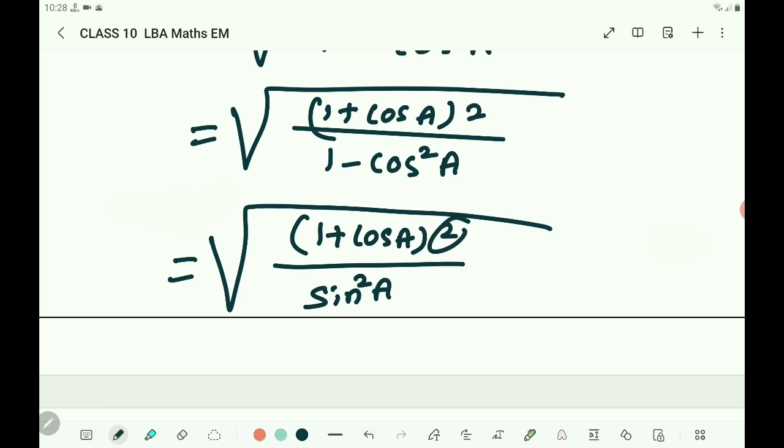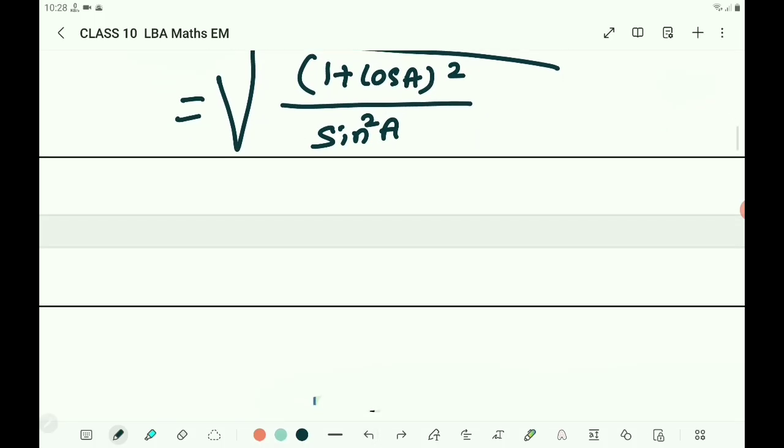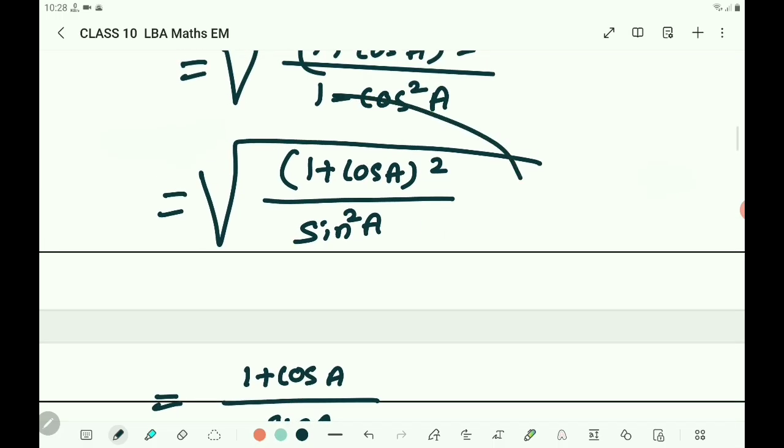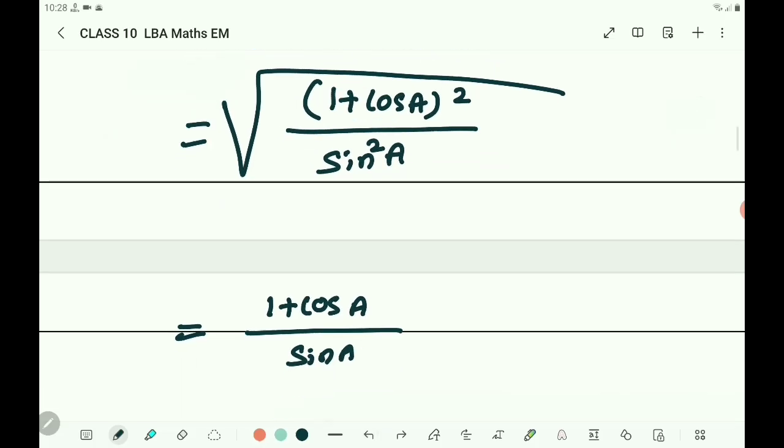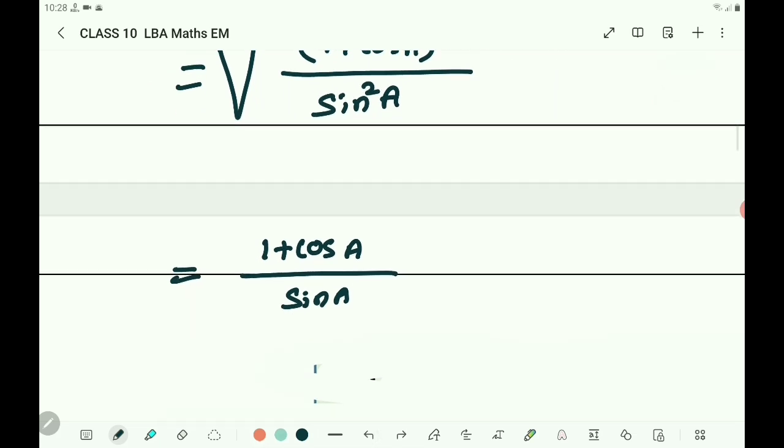Then this square and this root cancel. If you take the root, the square becomes cancelled. So you can remove the root and square. What is that? 1 plus cos A by sin A is remaining.